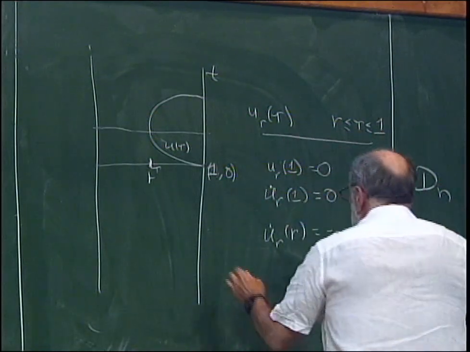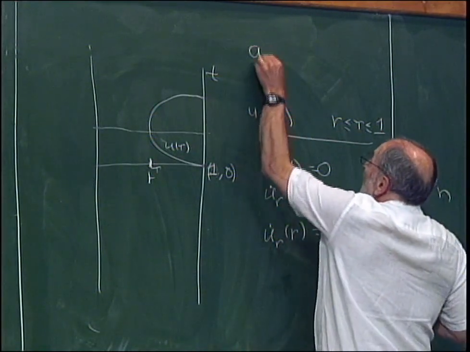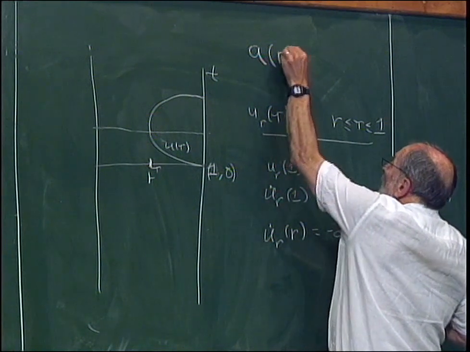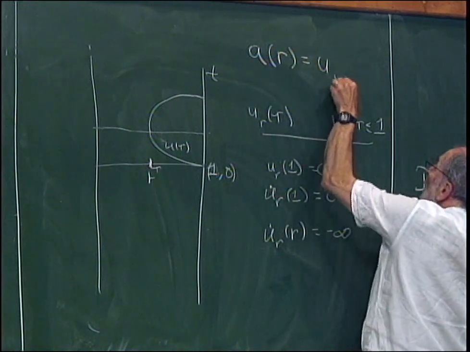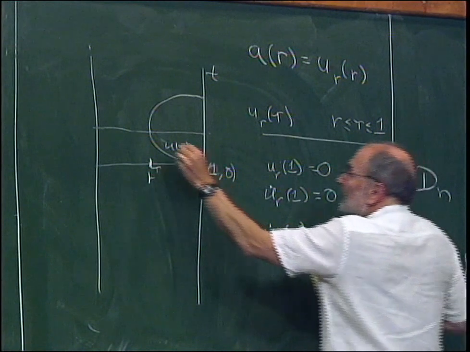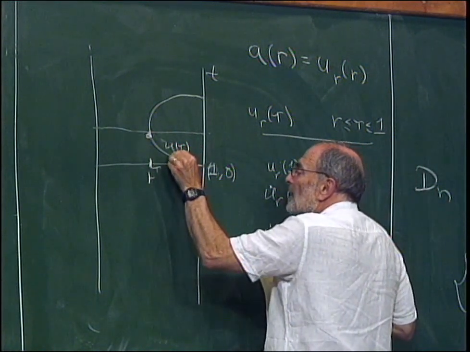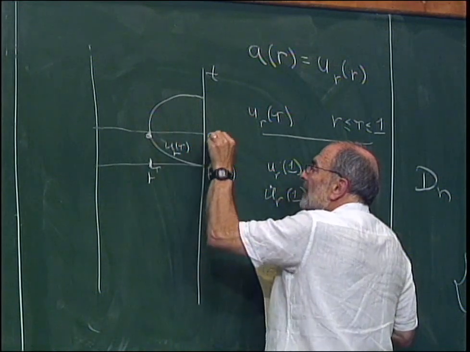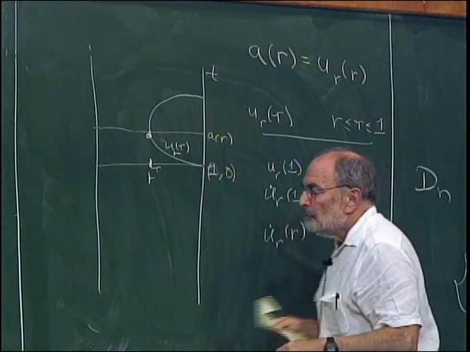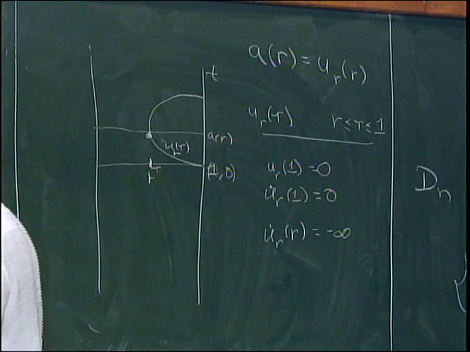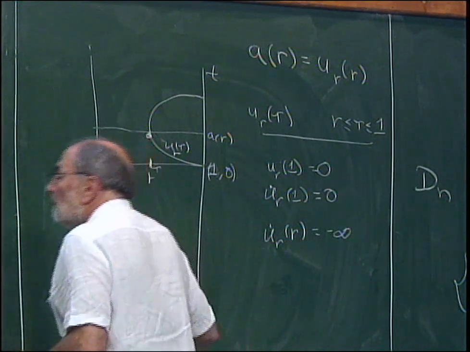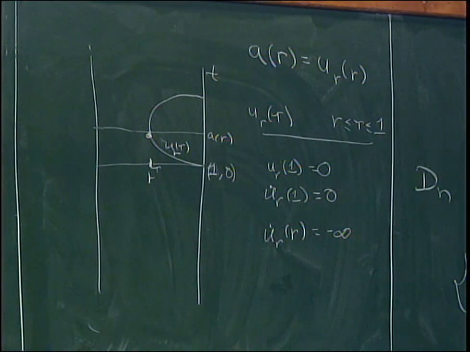So I want to define something really big. I'm going to let A of R equal U_R of R. So in this case, this is U sub R, and this is A of R. So I'm going to get some curve that looks like this.